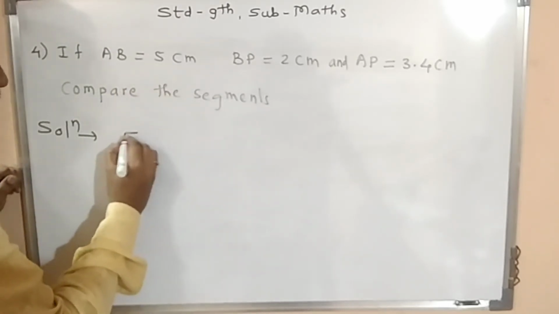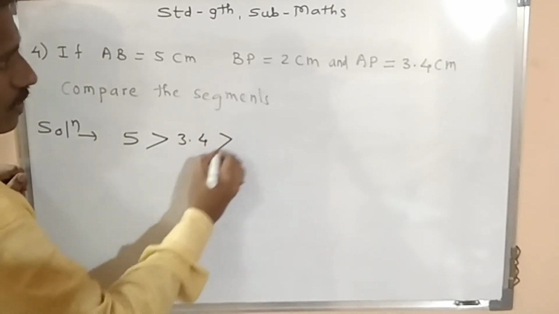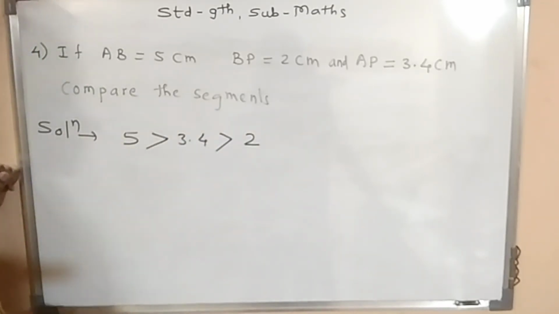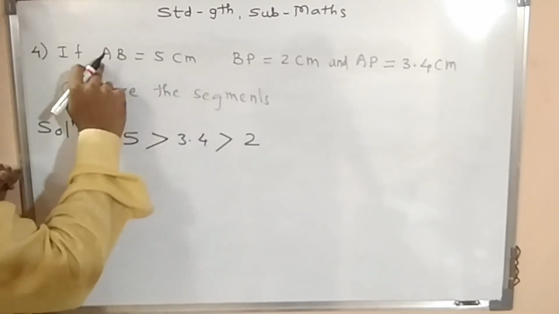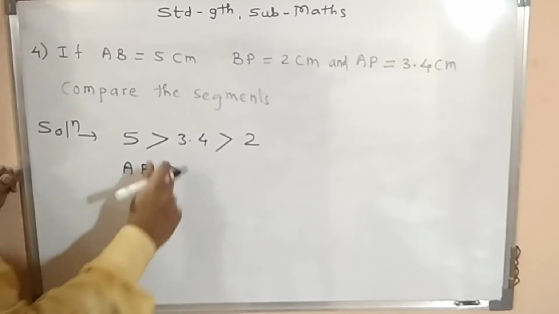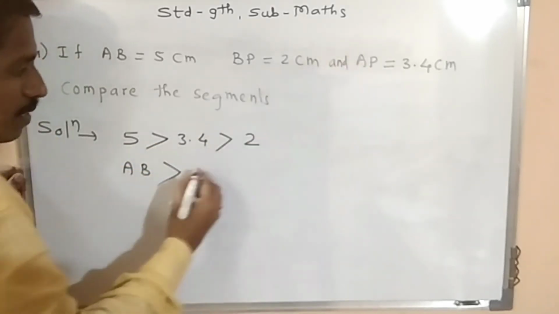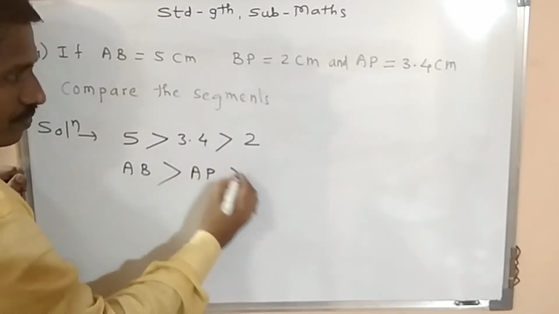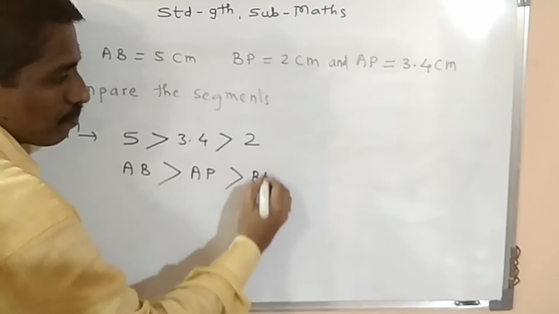So definitely 5 is greater than 3.4, which is greater than 2. 5 is the length of segment AB, greater than 3.4 centimeter, the length of segment AP, and 2 centimeter is the length of segment BP.